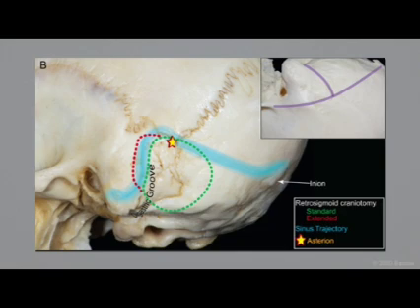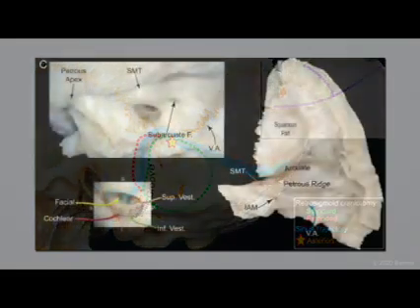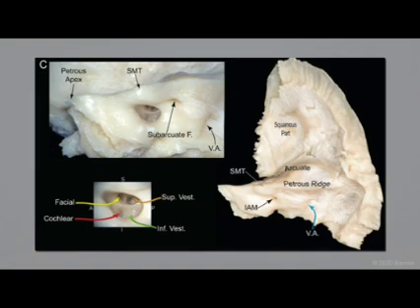Drilling over the mastoid ridge will allow exposure to the sigmoid sinus as depicted in red. Doing so will allow transposition of the sigmoid sinus anteriorly, therefore increasing the surgical corridor with increase of surgical freedom and lighting.